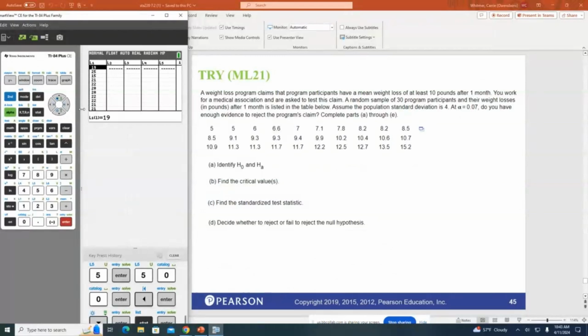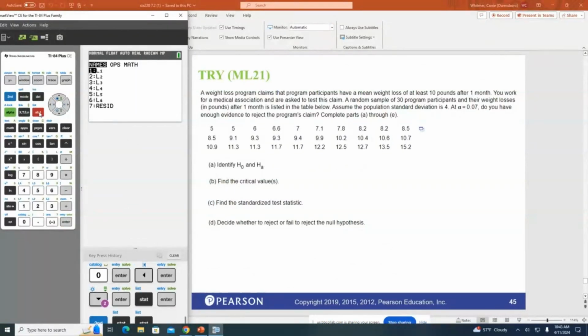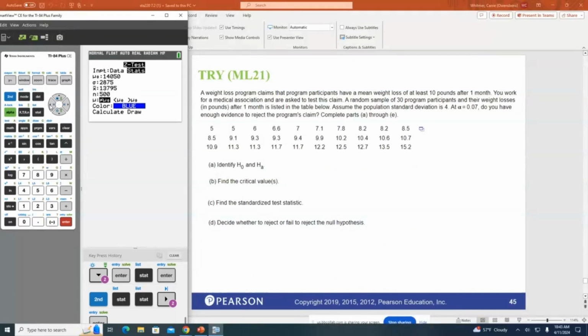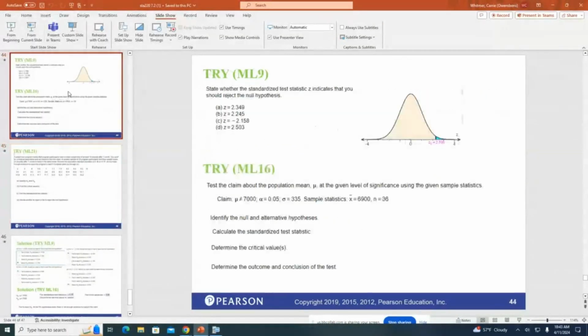So clear out anything you have here, type in your data in L1. And then when you go to stat and over to test and do the z-test, like we just saw in that last example, you'll choose data instead. Okay. And then you'll be able to tell it you put the numbers in L1. Okay, so let's see what we can do on those 3, and then we'll come back together.